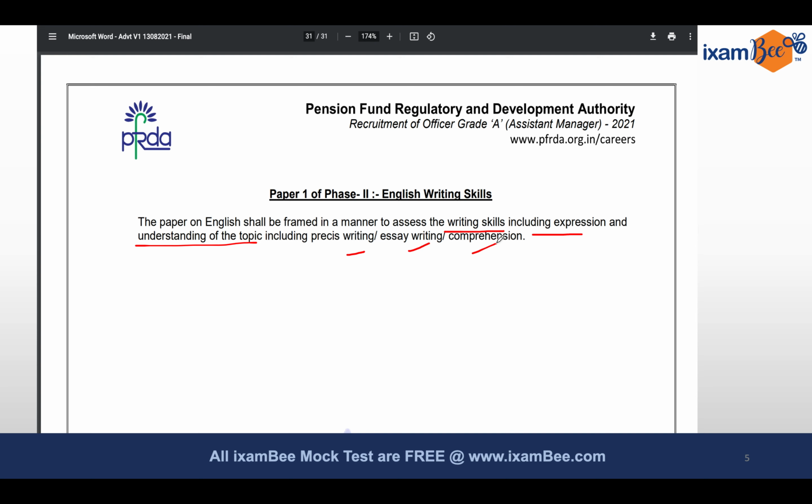So writing skills, expression, and understanding of the topic, these are the broad parameters according to which your answer scripts will be evaluated. So this must be kept in mind as you are moving on with your practice and preparation.